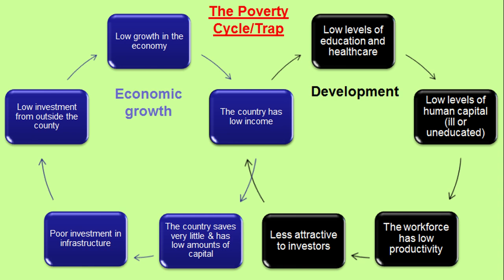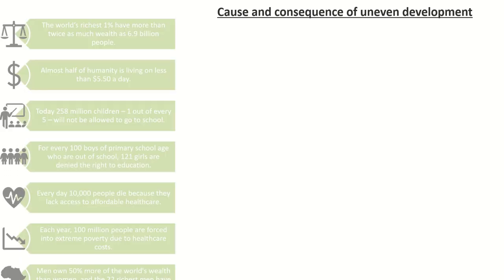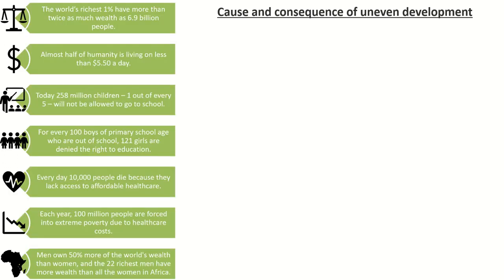So, uneven development then basically means that some countries are really, really poor, LICs, and that's where this sort of thing is happening. At the other end of the spectrum, we have our HICs, high income countries, that are significantly wealthier, healthier, and better educated. And I've put some facts on the left-hand side to really show you that the world's richest 1% of people have more than twice as much wealth as 6.9 billion other people.